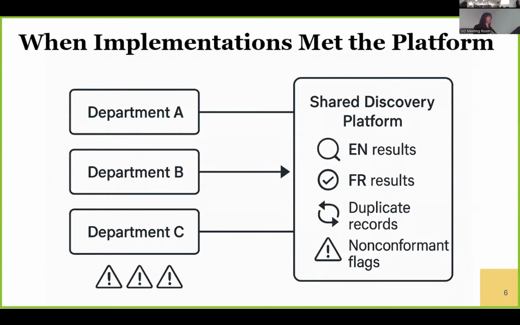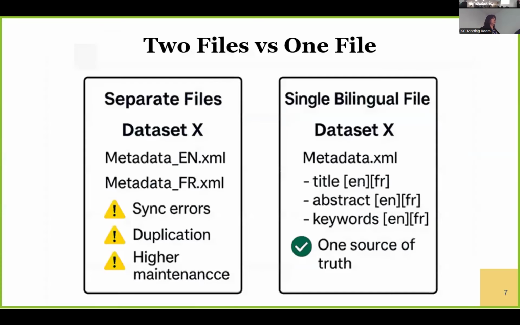We were getting issues with duplicate records, non-conformant flags, etc. And teams were surprised. They didn't expect this. They expected everything to work because they all followed the same standard. But the implementation itself proved to be an issue.